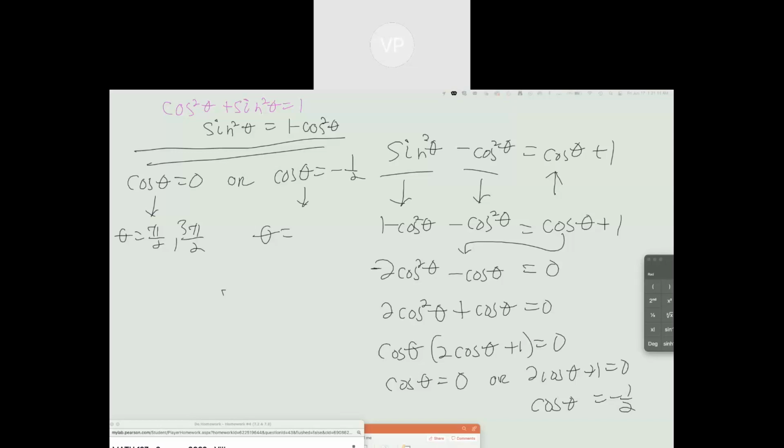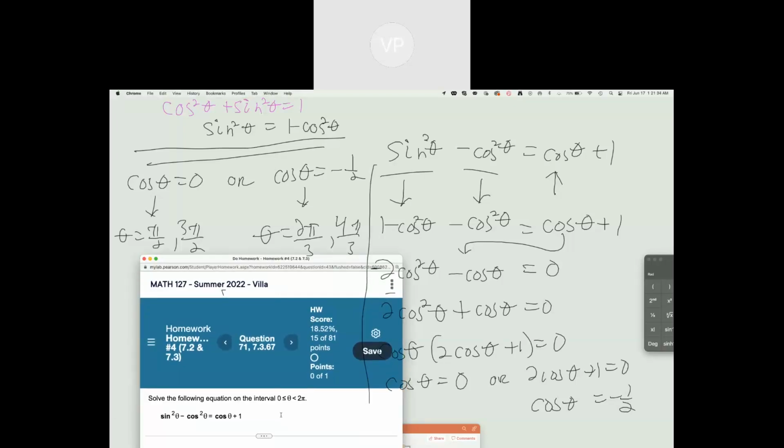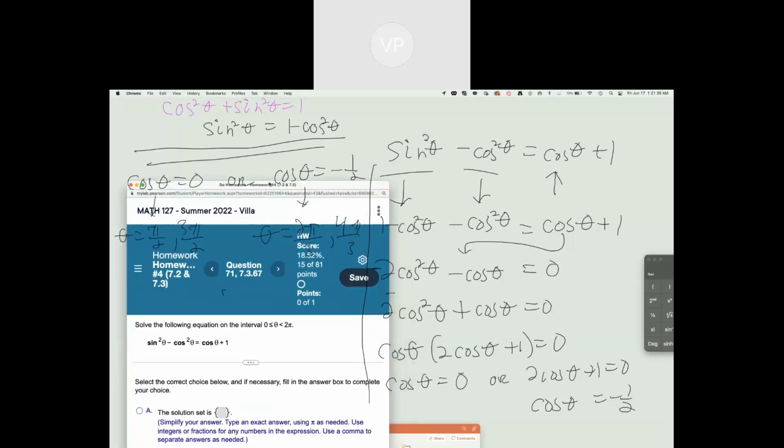Now, there could potentially be 2 from this one. You've got to think, where is cosine negative 1/2? Well, cosine is negative in the second and third quadrants, so focus your attention there. And hopefully you see there's a 2 pi over 3 and a 4 pi over 3. Those are my 4 solutions that I'm going to plug into this problem.